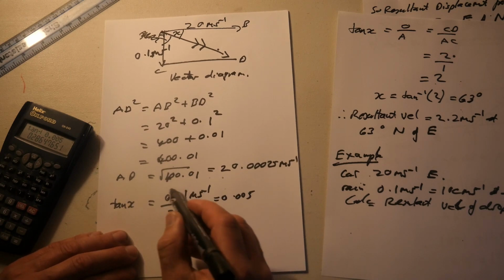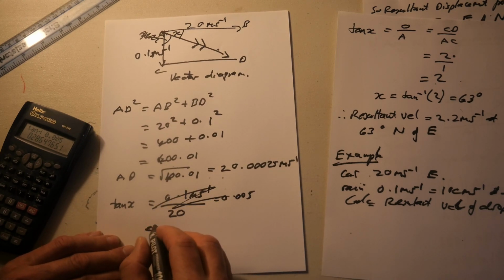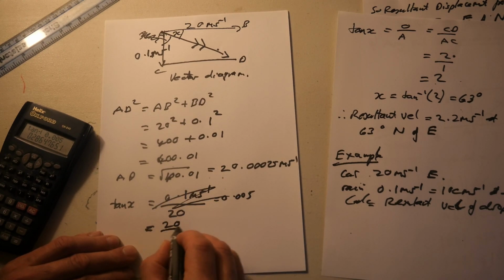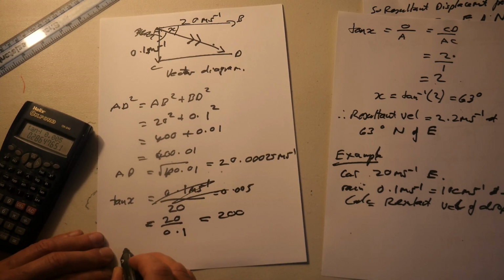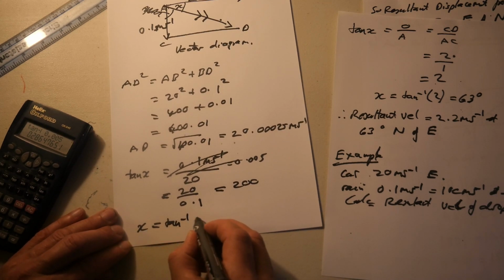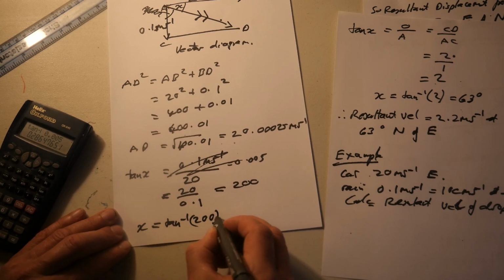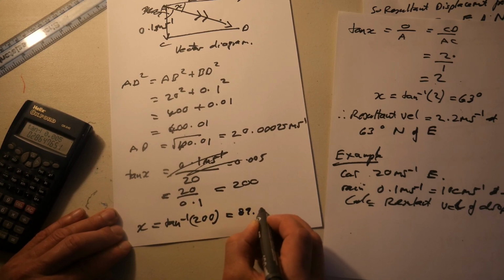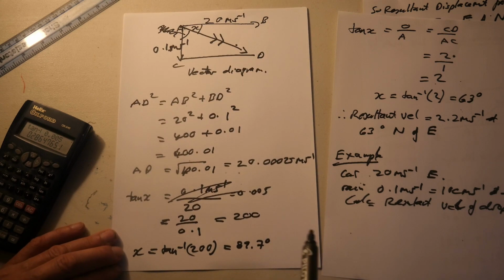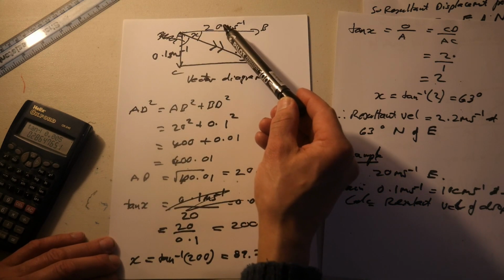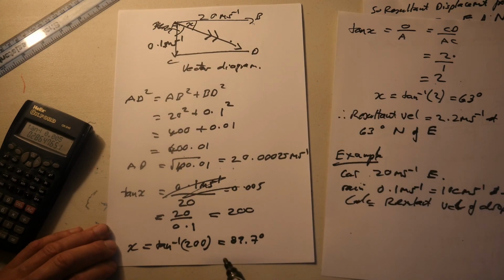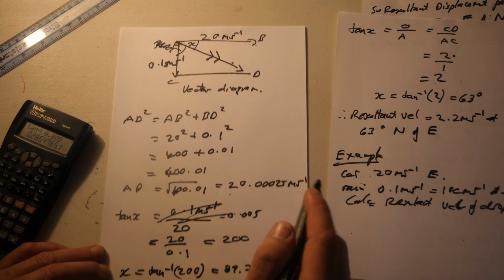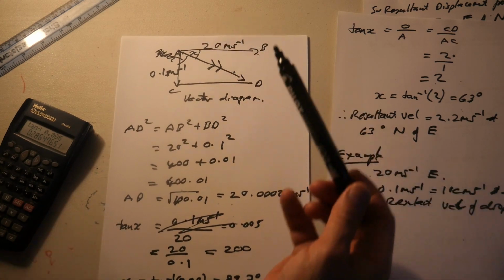So it's adjacent 20 divided by 0.1, which equals 200, so x equals tan minus 1 of 200 equals 89.7 degrees. So it's adjacent, which is this, over the opposite, which is 0.1, gives you 89.7 degrees, the angle, so that's 89.